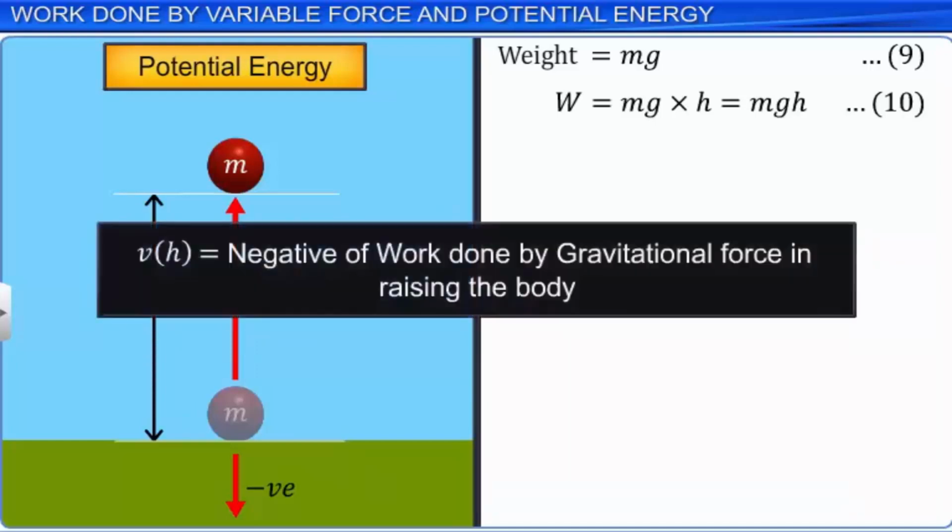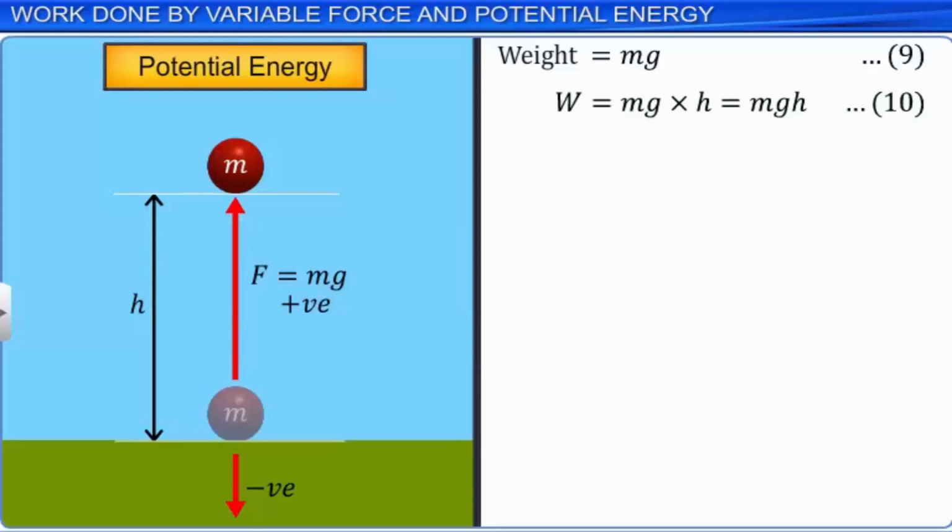The gravitational potential energy of the body as a function of height h is denoted by V of h, and it is the negative of work done by the gravitational force while raising the body through the height. Thus, we have V of h is equal to mgh.